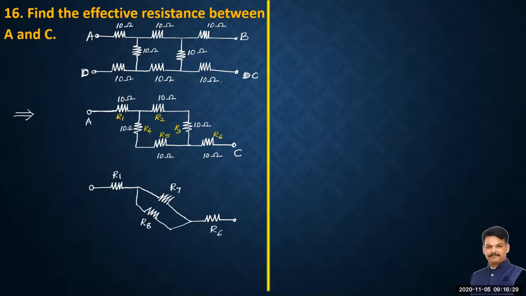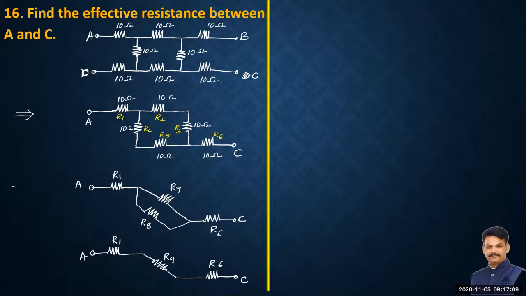Hence, instead of these two resistors, we can consider the parallel combination as only one resistor, R9. R1 is as it is, R6 is as it is. Now, between A and C, we have three resistors in series: R1, R9 and R6. Just consider the series combination of those resistors and you will get the final answer.